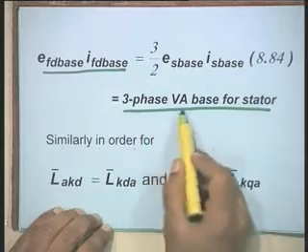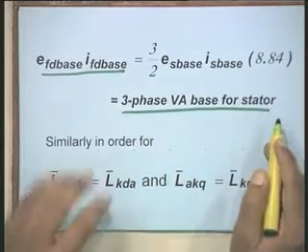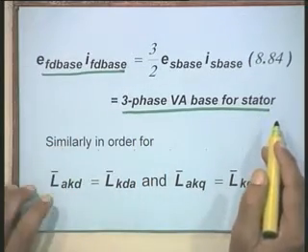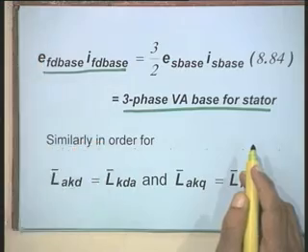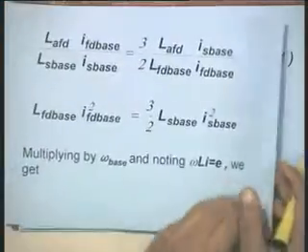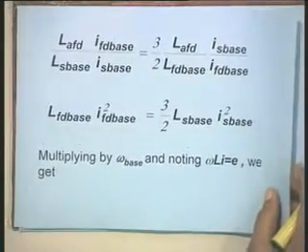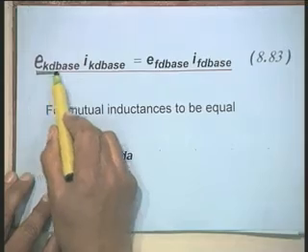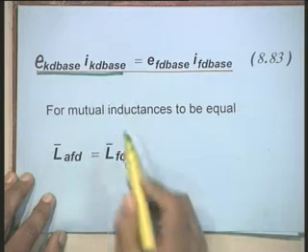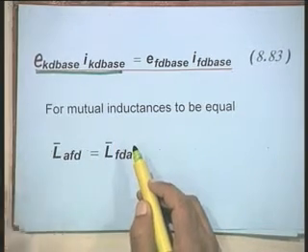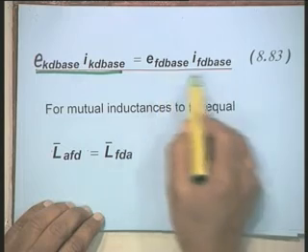That is the 3-phase VA base for the stator, the total volt ampere rating. Therefore, this is a very important relationship, because we have also established that the base VA in the direct axis amortiguer circuit should be the same as that in the field circuit.